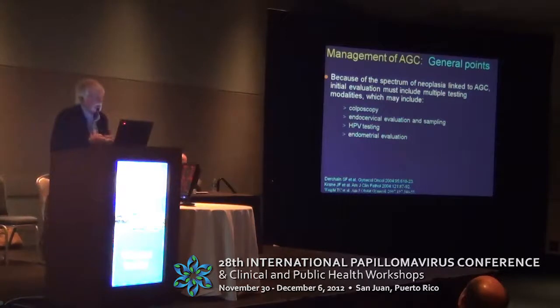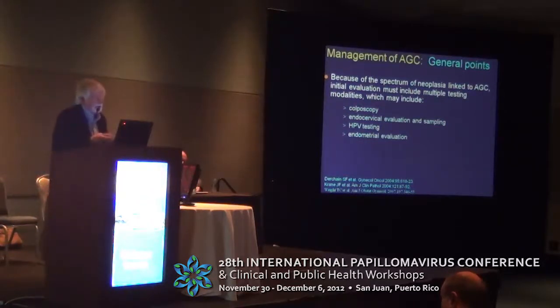So because of the spectrum of neoplasia linked to these glandular Pap smears, initial evaluation must include multiple testing modalities, and that should include colposcopy, endocervical evaluation and sampling, and HPV testing if you don't already have an HPV test at the time of the original Pap, that is a co-test. And we'll get to the reason for doing HPV testing as a follow-up monitor here in a minute.